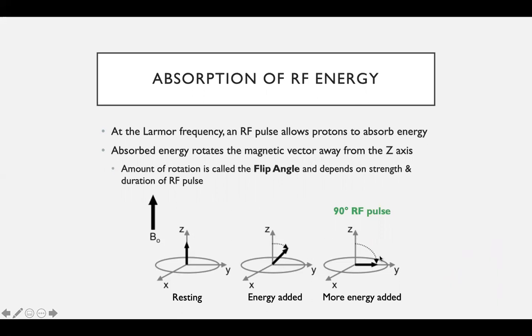If we add enough energy, our z-axis component can actually go all the way to 0, and now we are completely in the transverse axis. The amount of angle that we have after a certain RF energy pulse is called the flip angle. So this is a 90-degree RF pulse because our flip angle is 90 degrees.